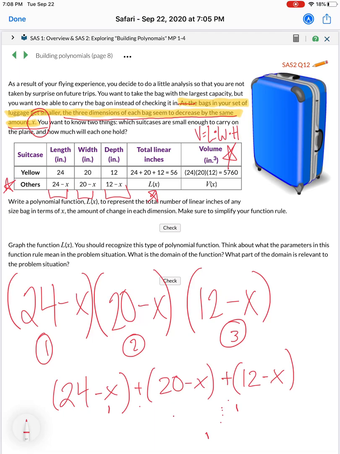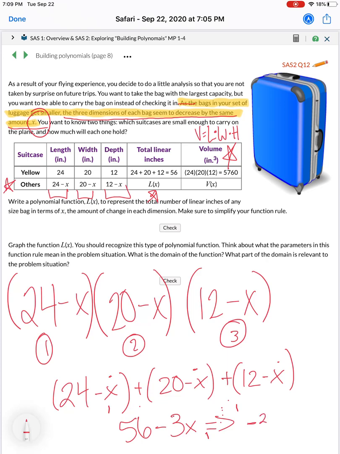Just like we did a couple minutes ago, we have to combine like terms. So, we have 24, 20, and 12. We know that is a positive 56. Now, we have to combine our x's. We have a negative x, a negative x, and a negative x. So we have 3 negative x's.